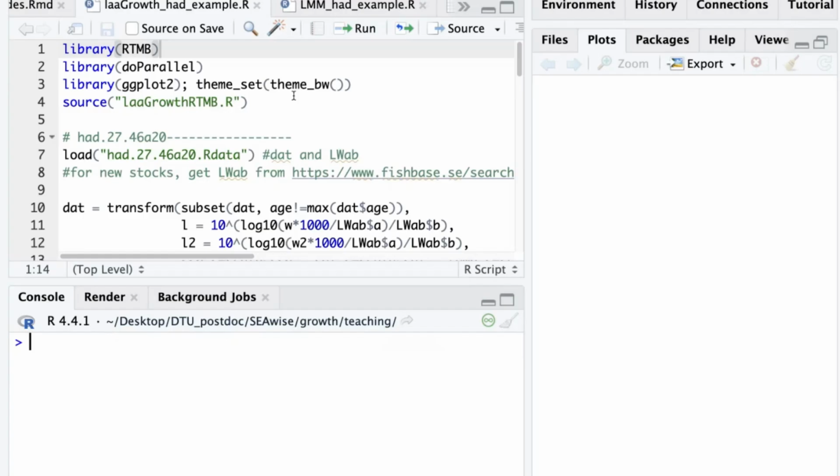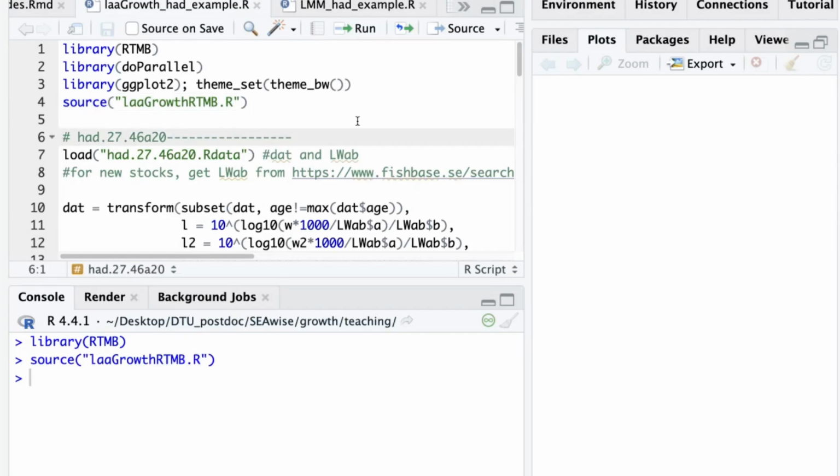But I plan on turning it into a package once it's completely finalized. So those are in this bit of code called LAA growth RTMB, but if you source that, then you can use it just like it's a package.